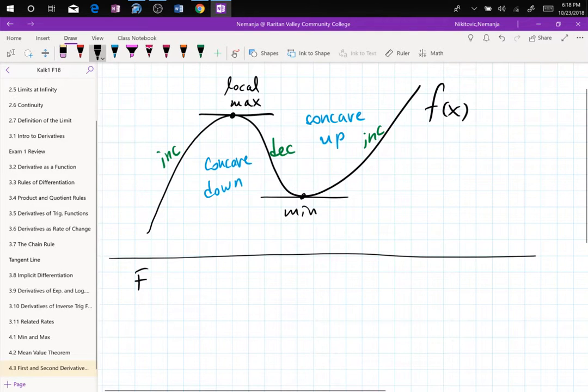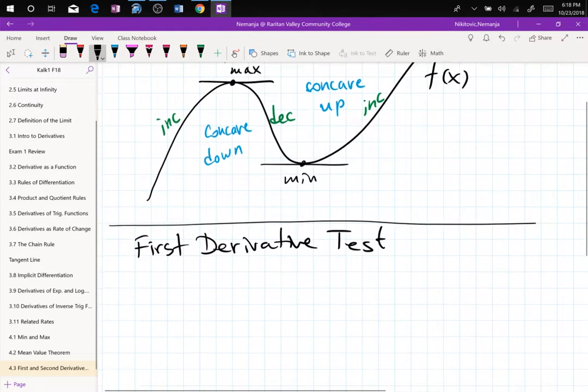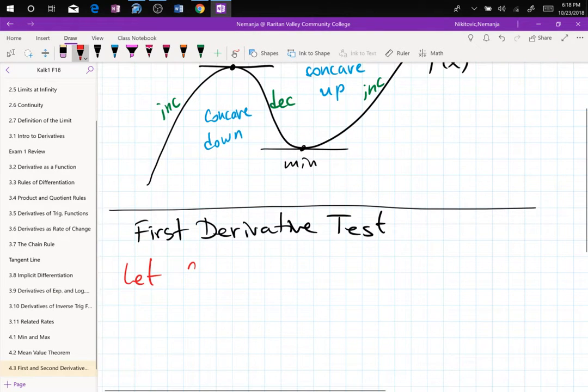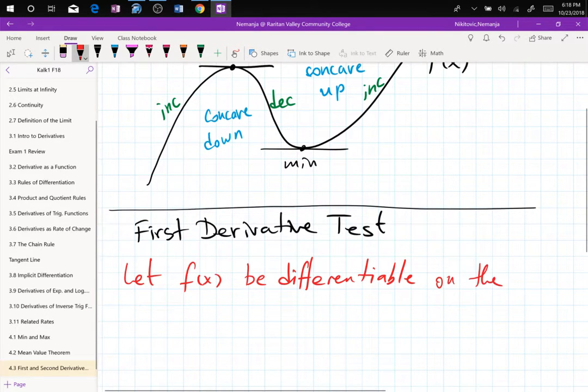First derivative test. For the first derivative test, we have two rules. So, let f of x be differentiable on the domain.